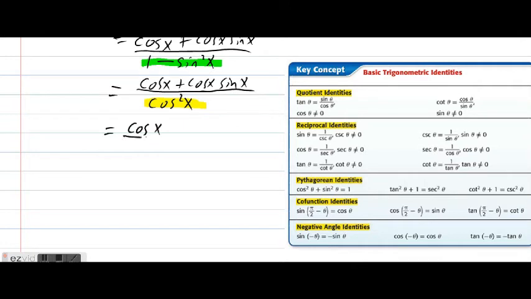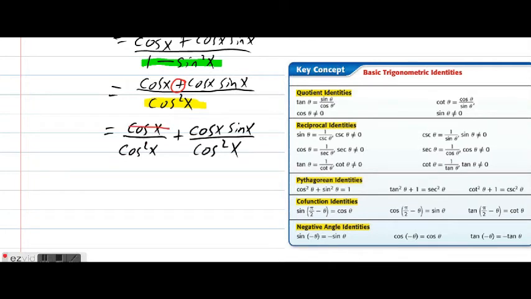Cosine of x over cosine squared of x plus, right? And I'm getting that plus from right there, plus cosine of x sine of x over cosine squared of x. Well, I have one cosine on top, I have two on the bottom.